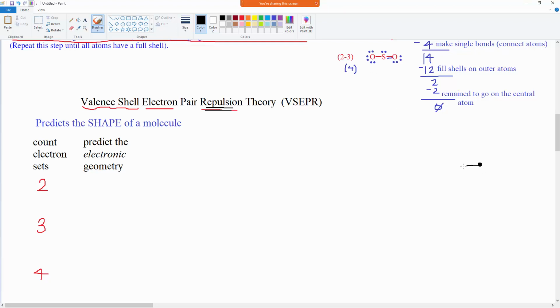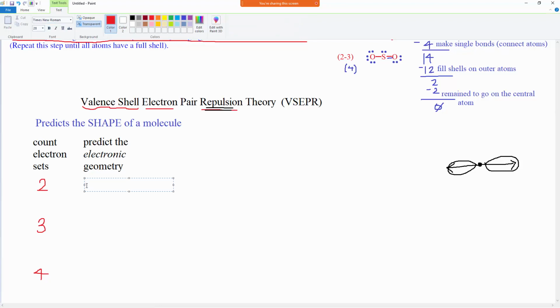So to be as far apart as possible, they're going to be on opposite sides of that atom. You might put a charged cloud of electrons there and a charged cloud there. We call them electron sets. That way they are as far apart from each other as they can be while still being attached to that central atom. So this is going to be linear if I've got 2.